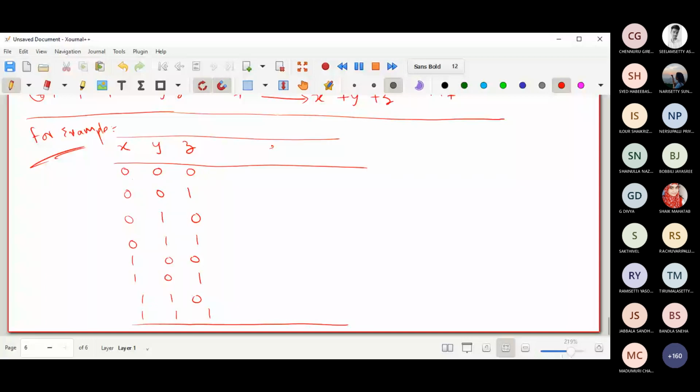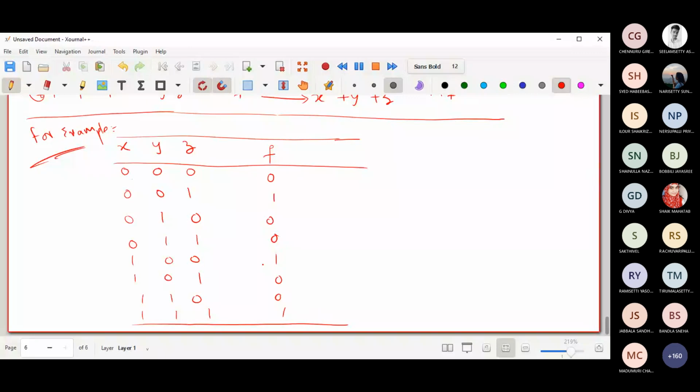Suppose f is given like this: 0 1 0 0 1 0 0 1. This is a function as an example.